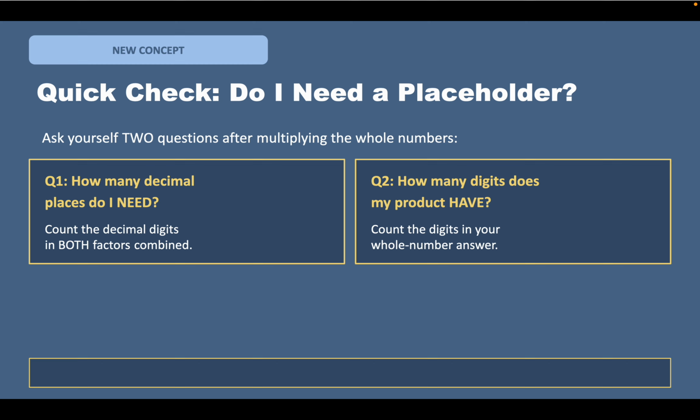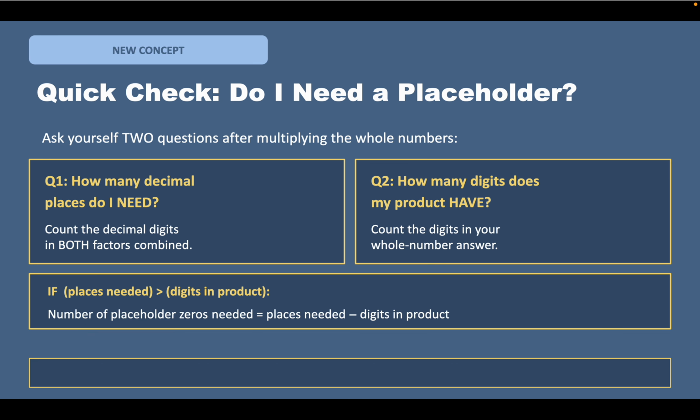You want to count the digits in your whole number answer. And then, if the places needed are greater than the digits in the product, the number of placeholder zeros you need is the places needed minus the digits in the product.